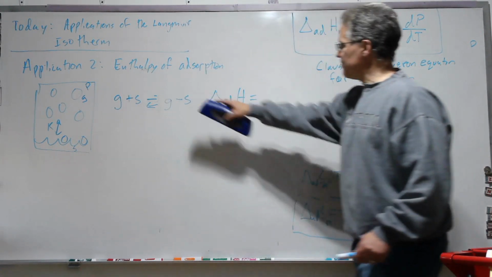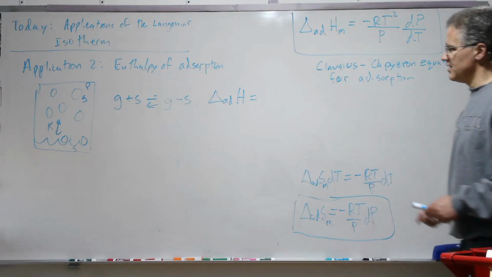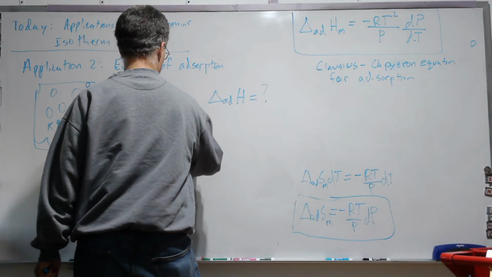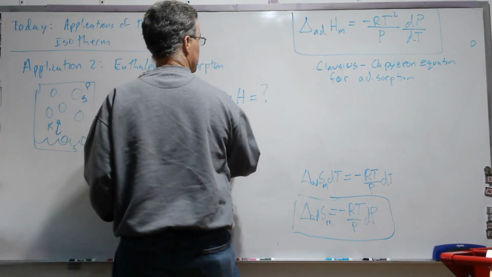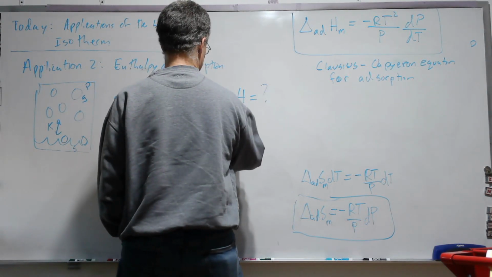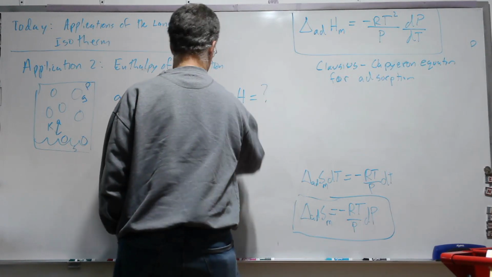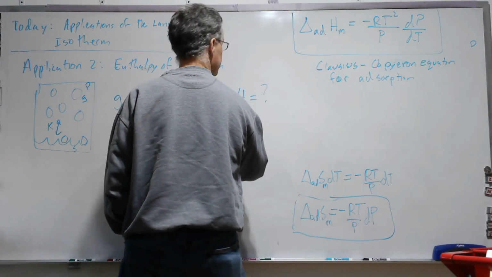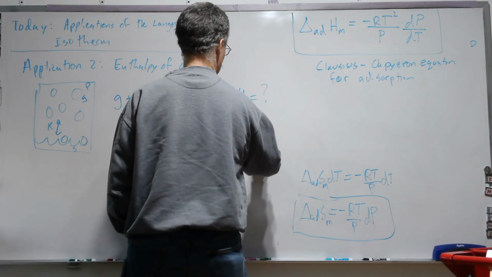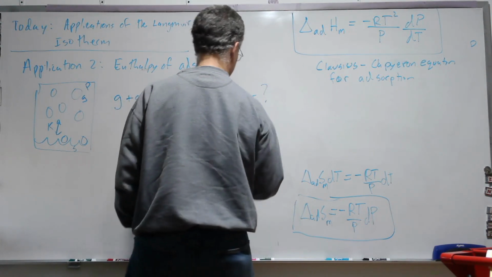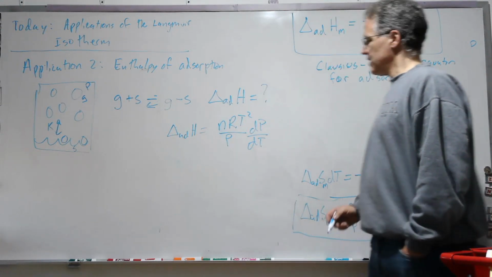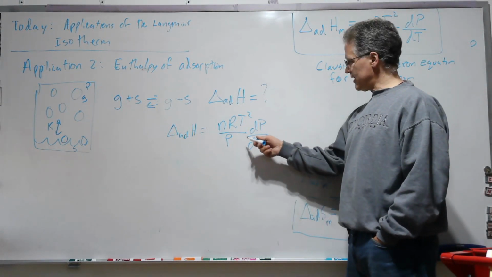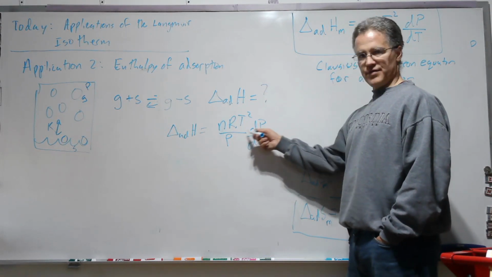So let's bring us back to our original question. What is this? And we just have n there. And just want to make one more note before we go on to the next application. This is the logarithmic derivative here.